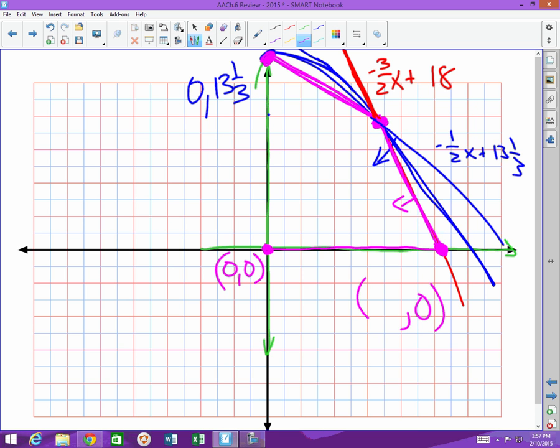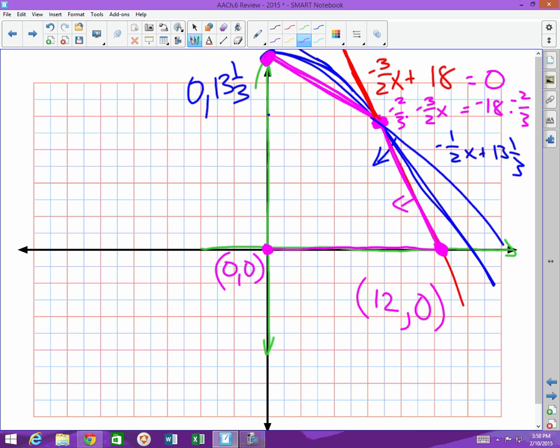Well, this is the red line, so if you put a 0 in for y and solve that, you'd get negative 18 equals negative 3/2 x. Now if you divide by negative 3/2, or multiply by negative 2/3, because that's the same thing, negative 18 times negative 2/3 is 12.